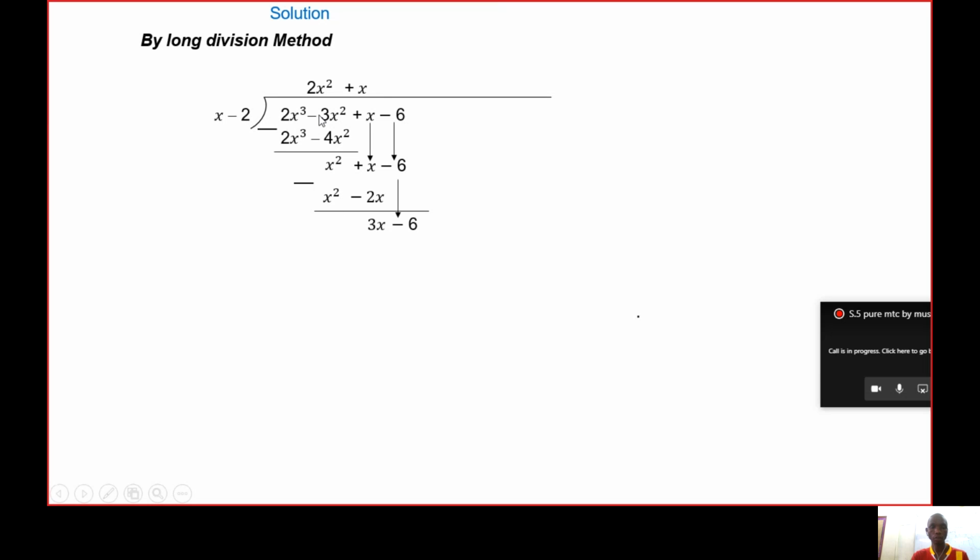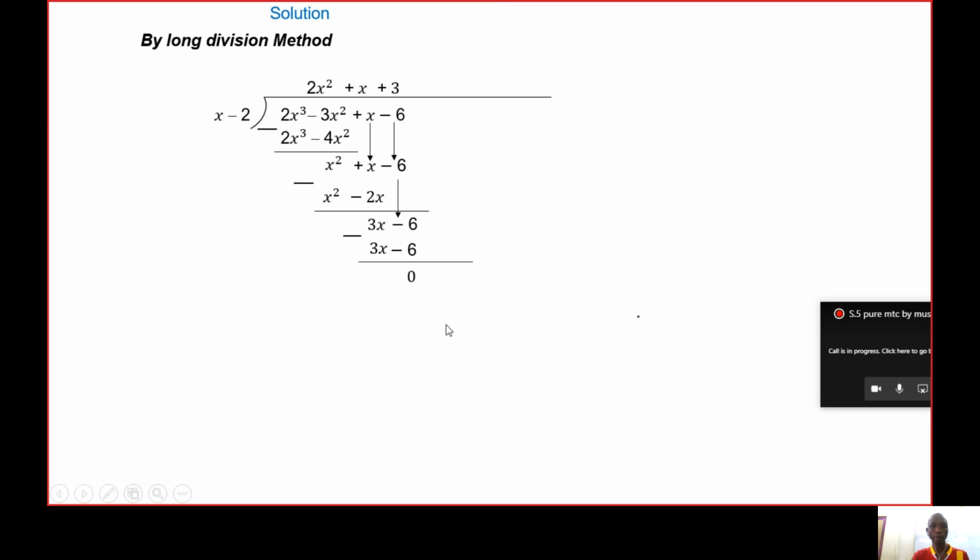So now again, ask yourself, what should I multiply this x by to get 3x? We will say, let us use positive 3. So positive 3 times x, we get positive 3x. Positive 3 times negative 2, we get negative 6. Now when you subtract 3x minus 3x, we get 0. Negative 6 minus negative 6, we get 0.